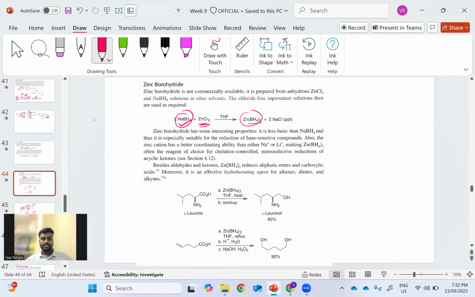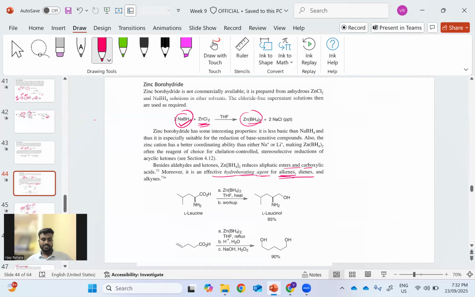So it gives Zn(BH4)2, and this reduces the aliphatic ester and the carboxylic acid, and is also an effective hydroborating agent for the alkenes as well.